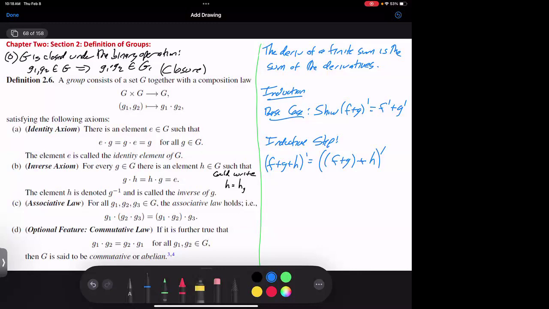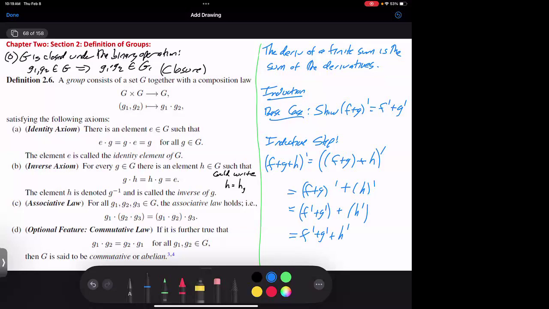What's the other function? And now that I have two functions, I can use the base case. And now this is just the derivative of f plus g plus the derivative of h. And just being extremely pedantic, it's the derivative of f prime plus g prime is the first one. The second one is the derivative of h. And now I can use the fact that addition is associative. And that would be the proof that the derivative of a sum of three functions is the sum of the three derivatives. You can do this for any finite sum.